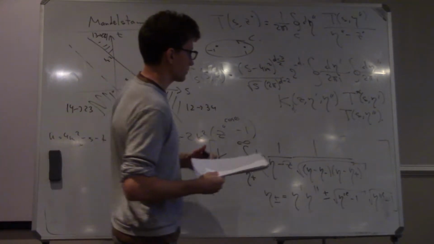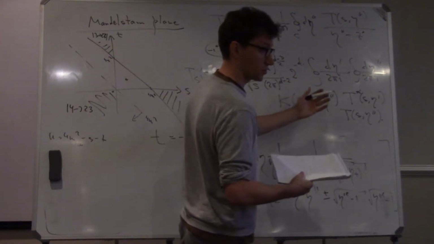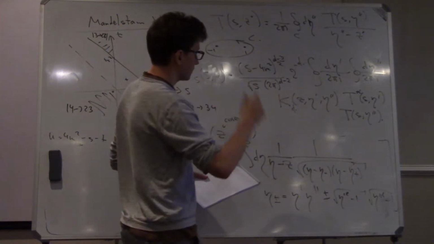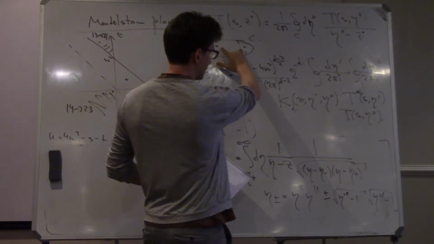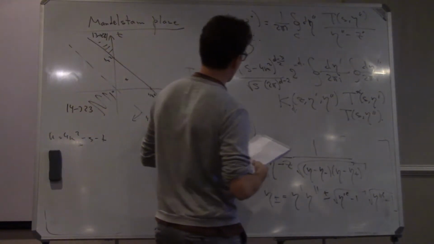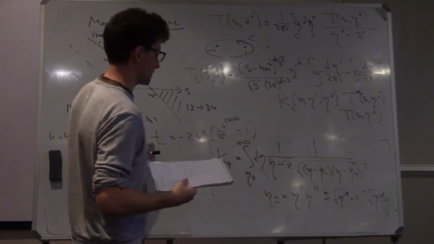So you try to deform the contour, and you ask when there is a pinch. We started with these contours, and you try to deform them. You know that there are cuts here. These cuts start simply when t is equal to 4m squared.